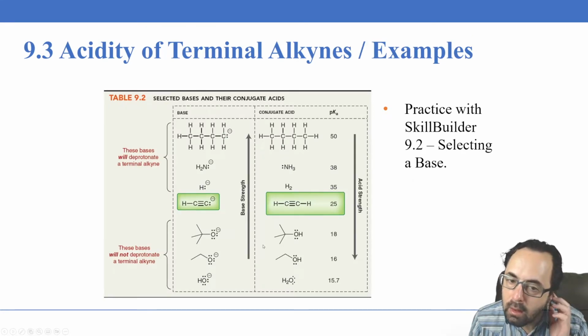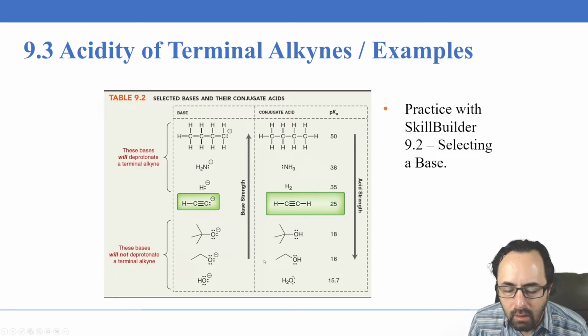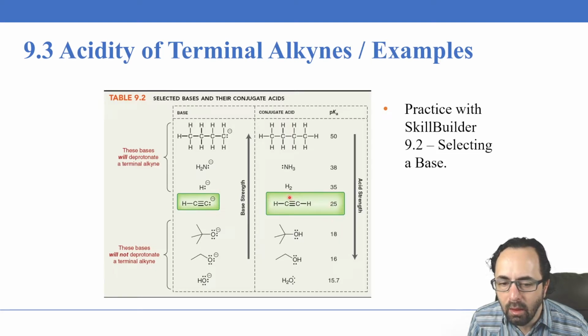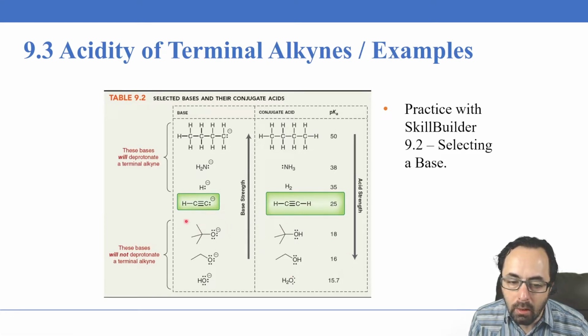So here's a select set of bases and their conjugate acids. A subset of those that we talked about in chapter 3. So when it comes to the strength of the acid, the ethyne here is a weaker acid than alcohols and water. So their conjugate bases will be weaker bases.